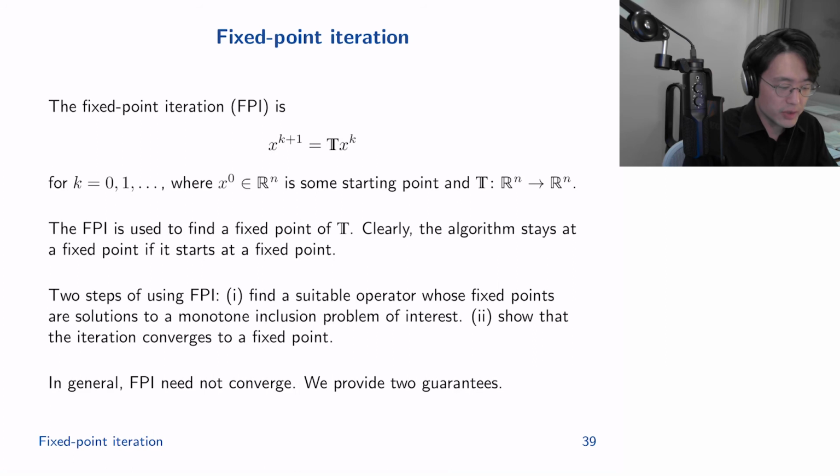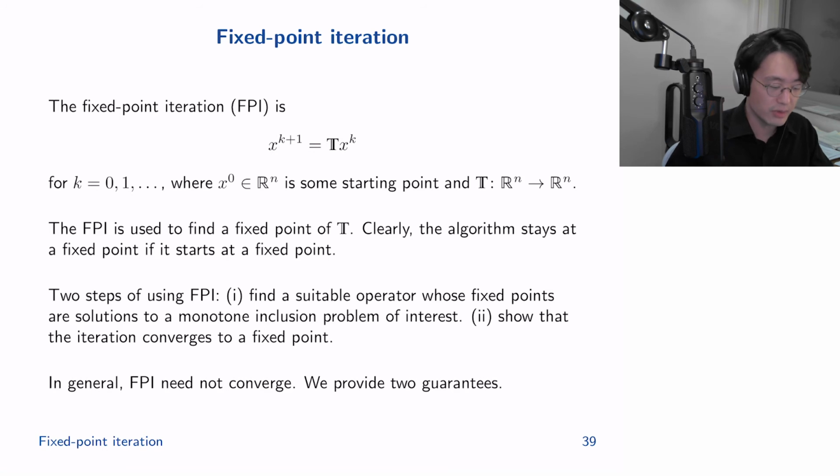The fixed point iteration is used to find a fixed point of an operator T. And clearly, the algorithm stays at a fixed point if it starts at a fixed point. So there are two steps to using a fixed point iteration. The first step is to find a suitable operator whose fixed points are solutions to a monotone inclusion problem of interest.